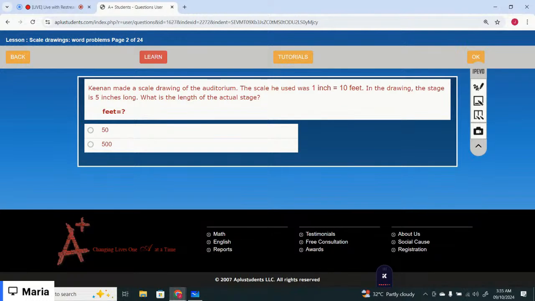Keenan made a scale drawing of the auditorium. The scale he used was 1 inch to 10 feet. In the drawing, the stage is 5 inches long. What is the length of the actual stage? So, which is the correct option?